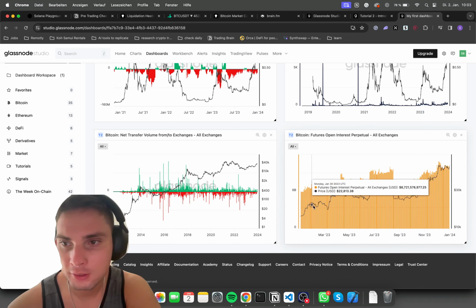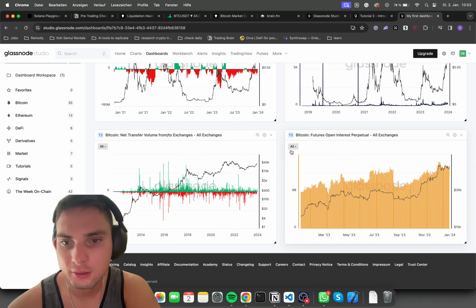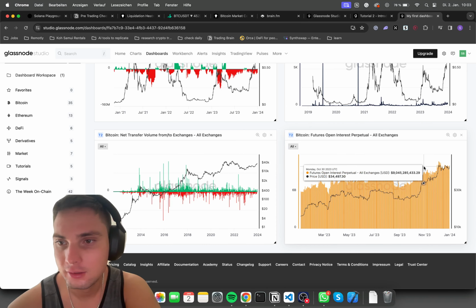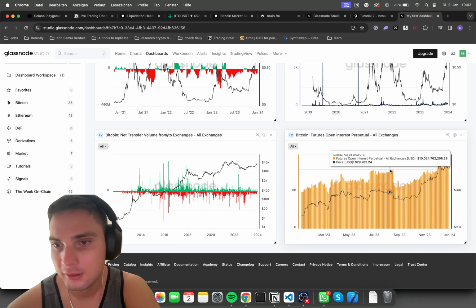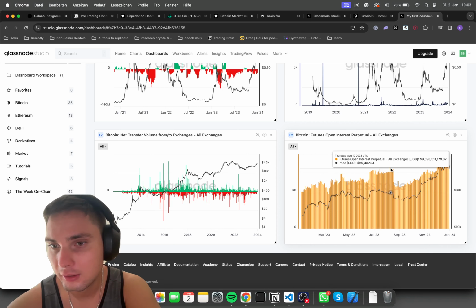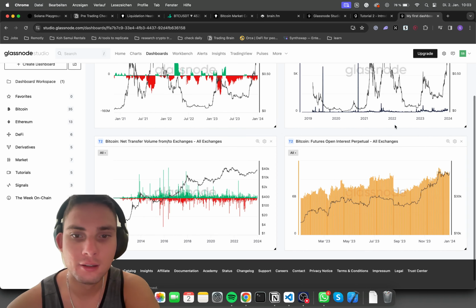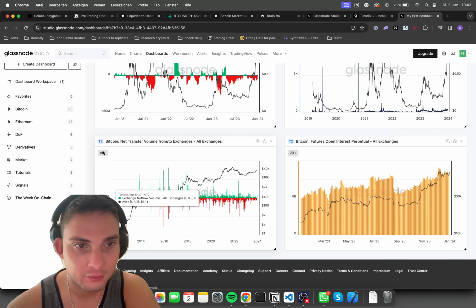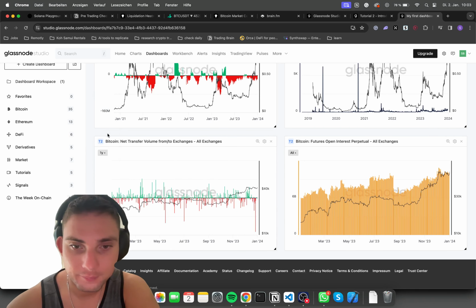Okay, so open interest is at kind of, this is already all data. The legend is that if you take this as all-time high, we are above it. So open interest actually has an all-time high. This is too big. I want 1 year.